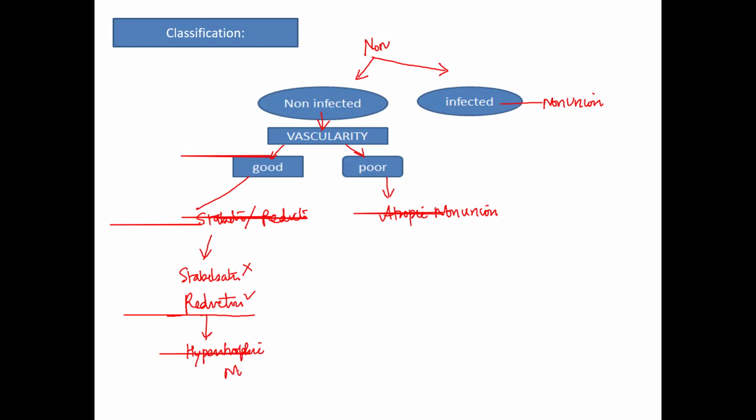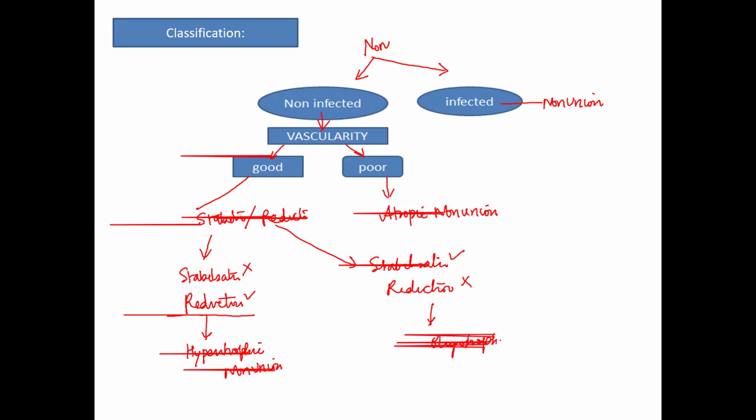The other counterpart is where we have good stabilization but reduction is poor. Everything is there except reduction. So here it will develop oligotrophic non-union.